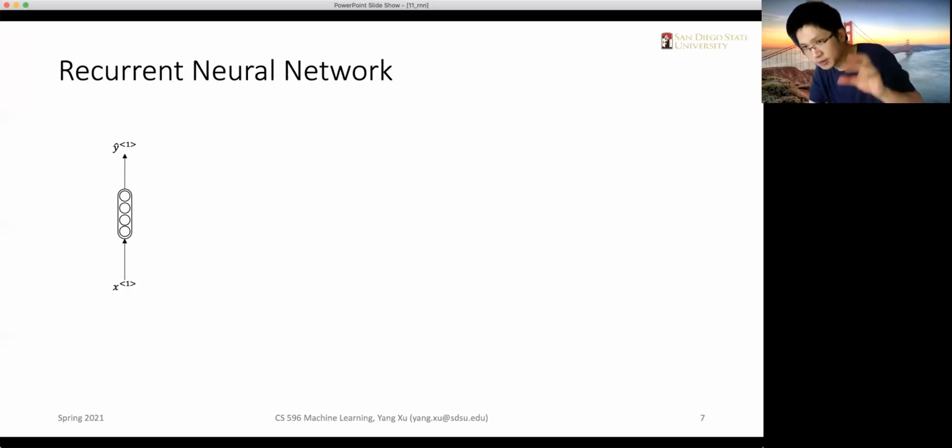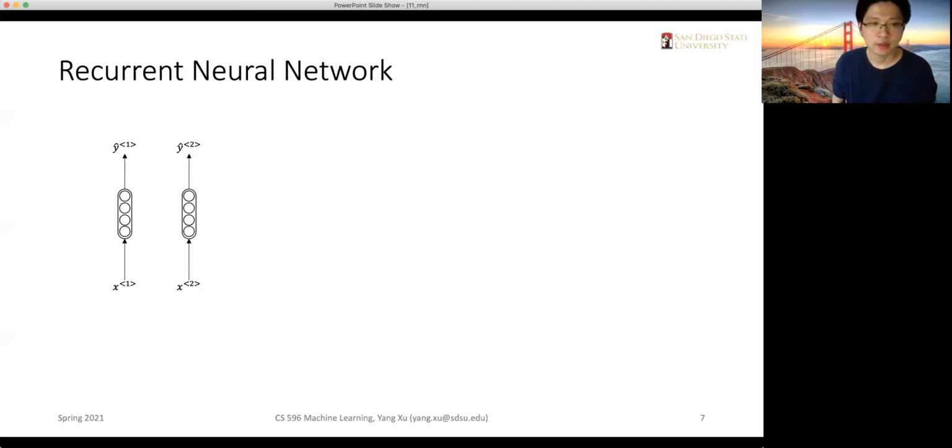We will feed that input into some neural network model, and the model will generate some prediction, which is y hat 1. We call it y hat because it is a prediction, and we give it a superscript 1 because this is the prediction for the first time step. For the second time step, we will feed the second word into the model, and the model will generate the prediction for the second time step, which is y hat 2.